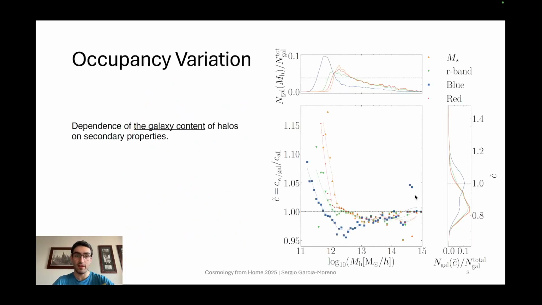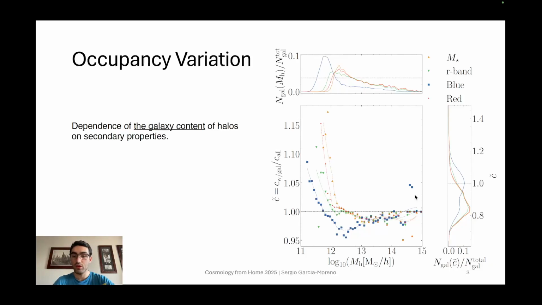The second concept I want to introduce is the occupancy variation, which is defined as the dependence of the galaxy content of halos on secondary properties beyond halo mass. This means that galaxies, instead of randomly populating halos independently of any property different than halo mass, may prefer to populate halos with higher or lower values of any given property relative to the entire sample of halos.